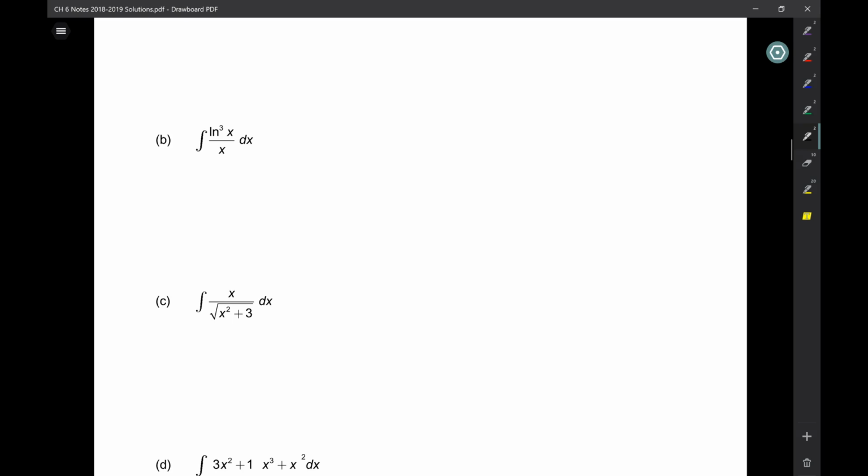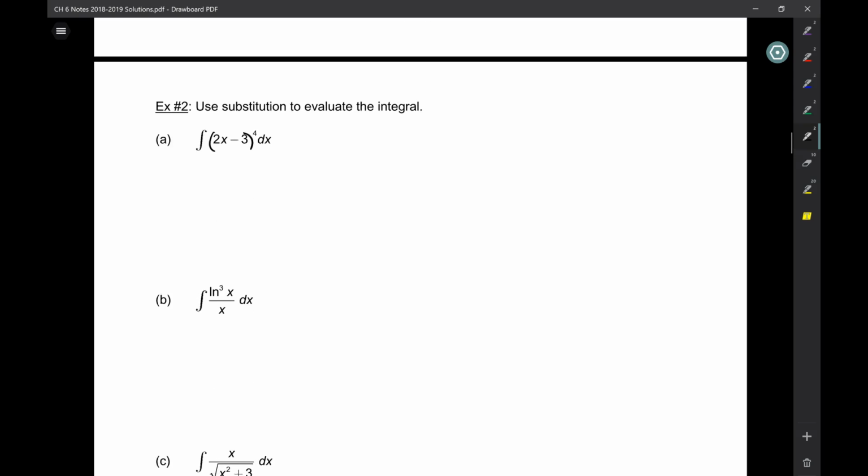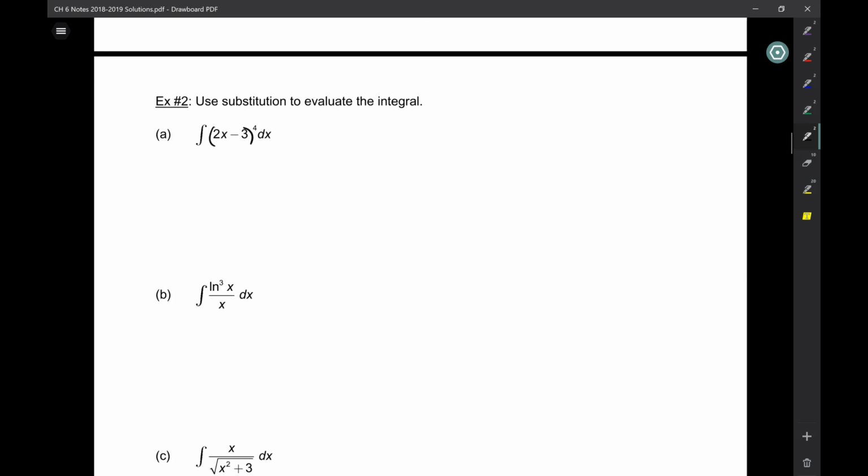Okay. Here we go. Now, as promised, you're not given a u. So, let's think. What will u equal here? 2x minus 3. So du is 2dx.